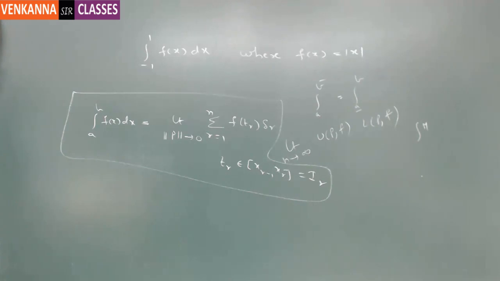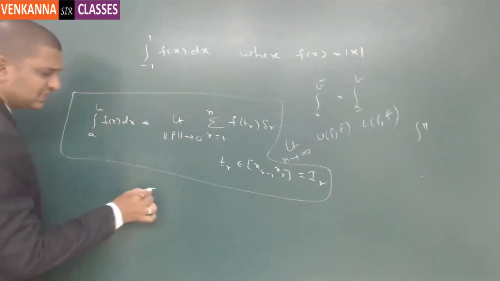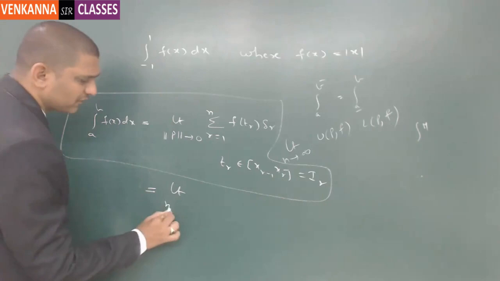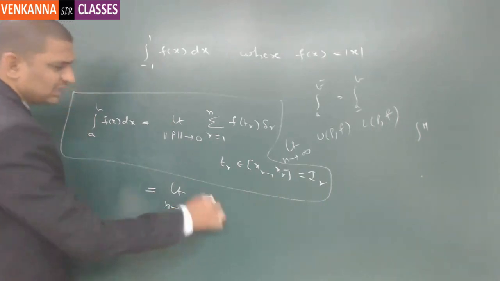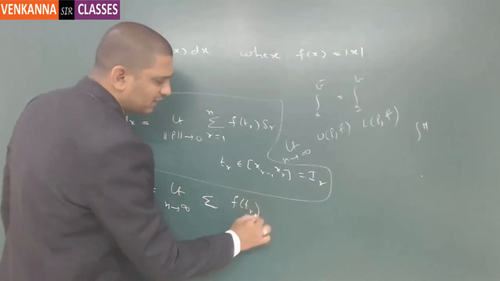The point tr is taken in the rth subinterval, delta r is the length of the interval, and as norm P tends to 0 you have taken the finest possible partition. Since norm P tends to 0 is equivalent to n tends to infinity, this definition is equivalent to the limit as n tends to infinity of the summation of f of tr into delta r.